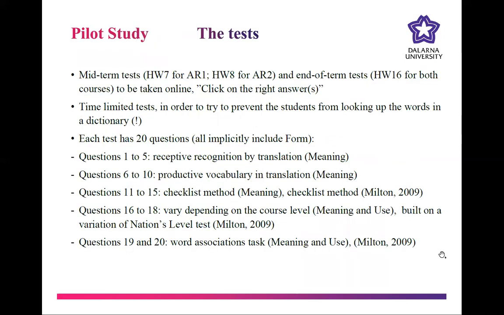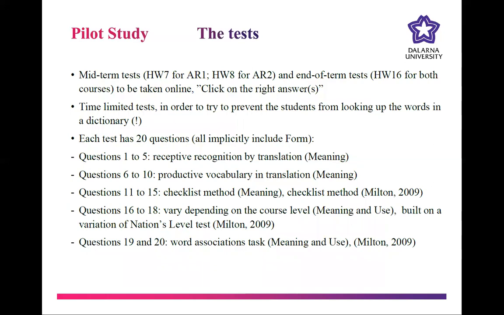We created midterm tests and end-of-term tests. The tests have been time limited in order to at least try to prevent the students from looking up the words. The 4 tests consist of 20 questions. Because of the many limitations of vocabulary acquisition measurement, different question typologies were selected.